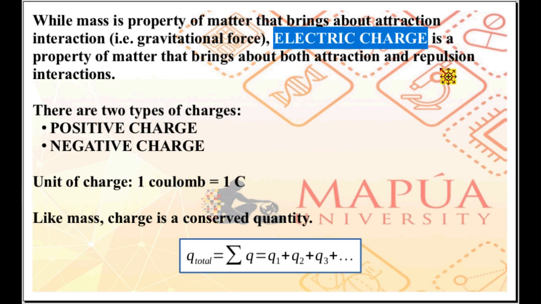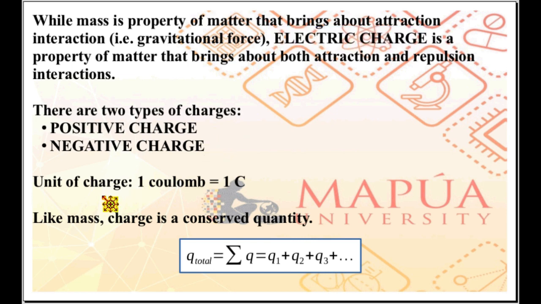There are two types of interactions for electric charges because there are two types of charges. We have positive charge and negative charge. The unit of charge is Coulomb, capital C. The variable for charge is small q. So q may be positive or it may be negative.